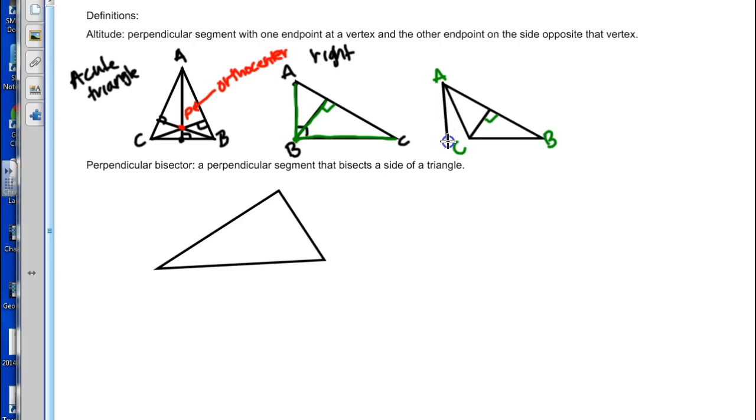Because the perpendicular would be here. All right, so let me go ahead and make a little dashed line there. And then as I draw from B, I see there's no right angle here. So it will also have to come outside, won't it?